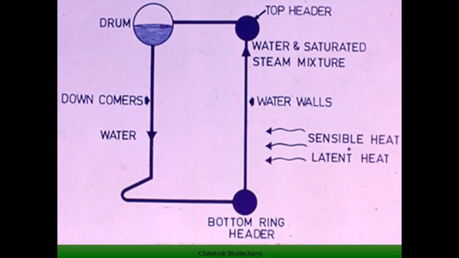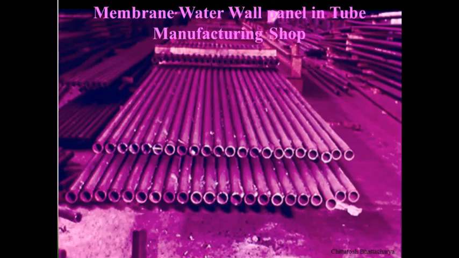Now, as we know, when water enters the water wall, it is at the saturated temperature. So whatever heat is absorbed in the water walls generates nucleate boiling, and due to this nucleate boiling, we get a water-steam mixture.